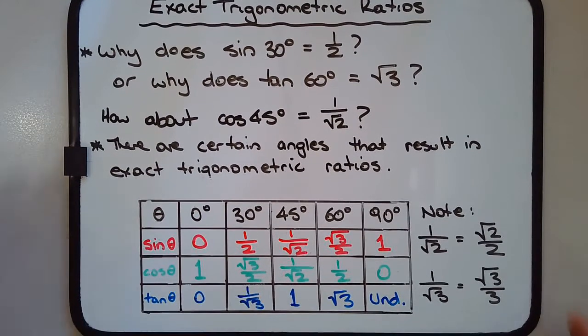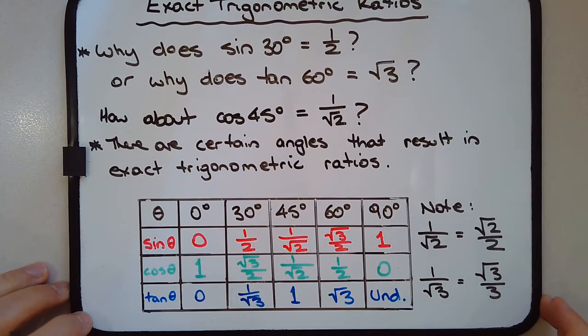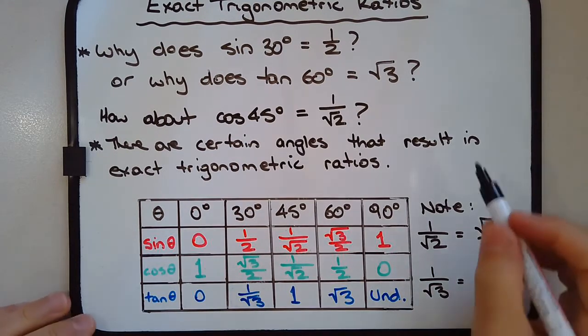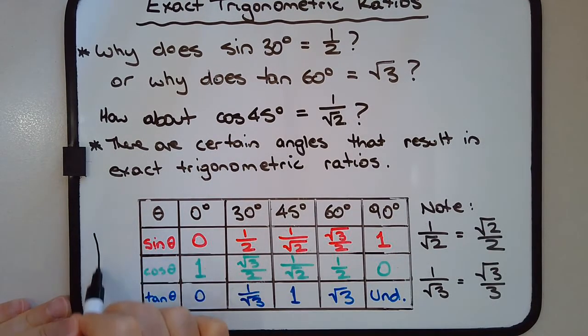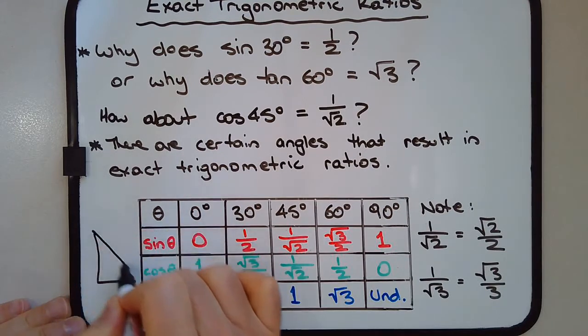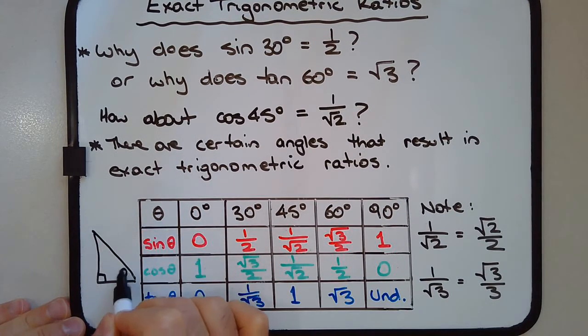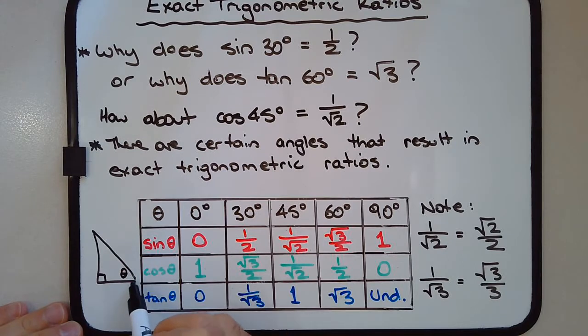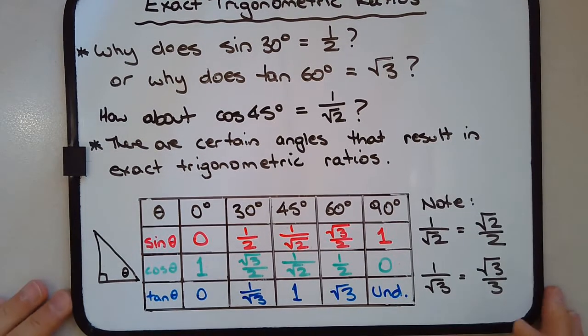Okay, and I've summarized them here in a table. In the first row of the table is the angle. Okay, so the angle, this is in a right angle triangle, by the way. So if you have, I might just sketch one. Okay. So this is our angle theta there. Okay, there's our right angle triangle.